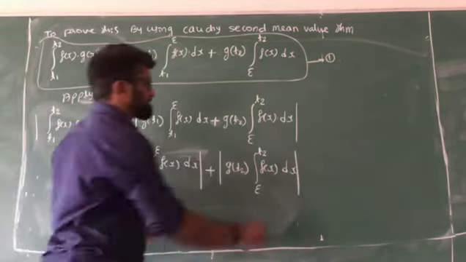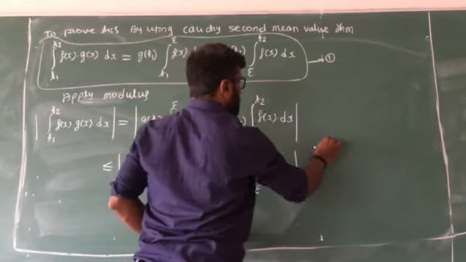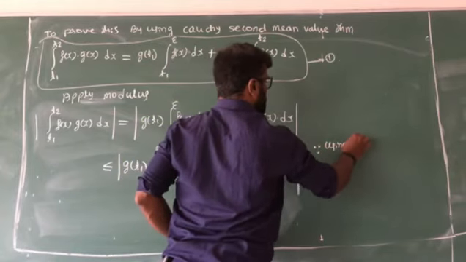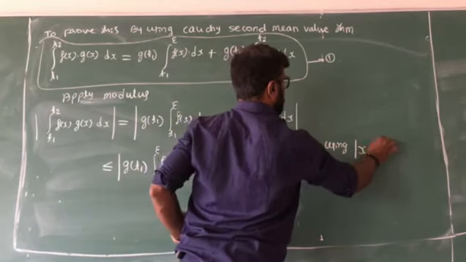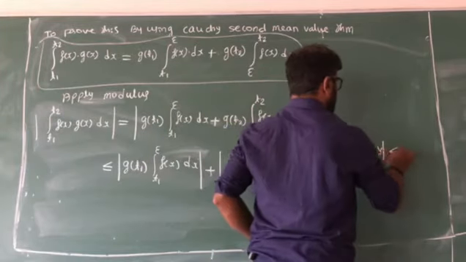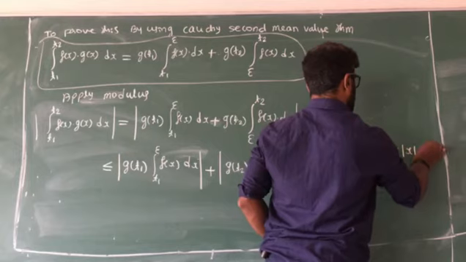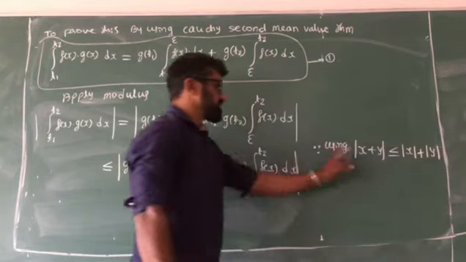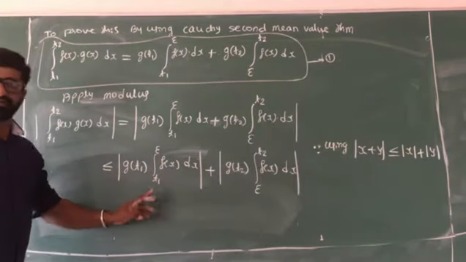Right? Because using this concept, the modulus of x plus y, the addition of two real numbers, should be less than or equal to mod of x plus mod of y. Using this concept I can apply this. Clear?